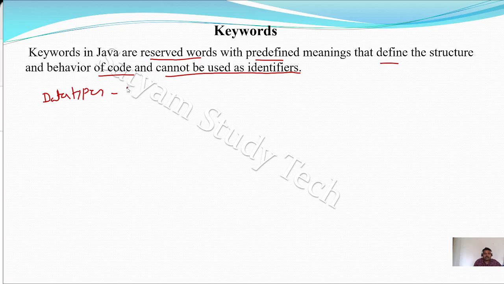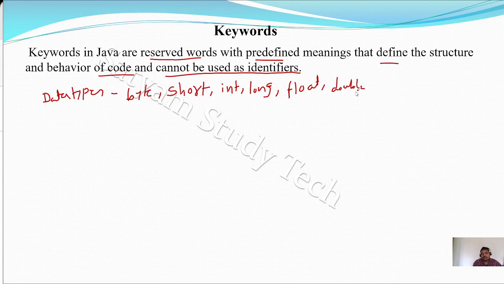The data types are byte, short, int, long, float, double, character (char), and boolean. These are the primitive data types: byte, short, int, long, float, double, char, and boolean.